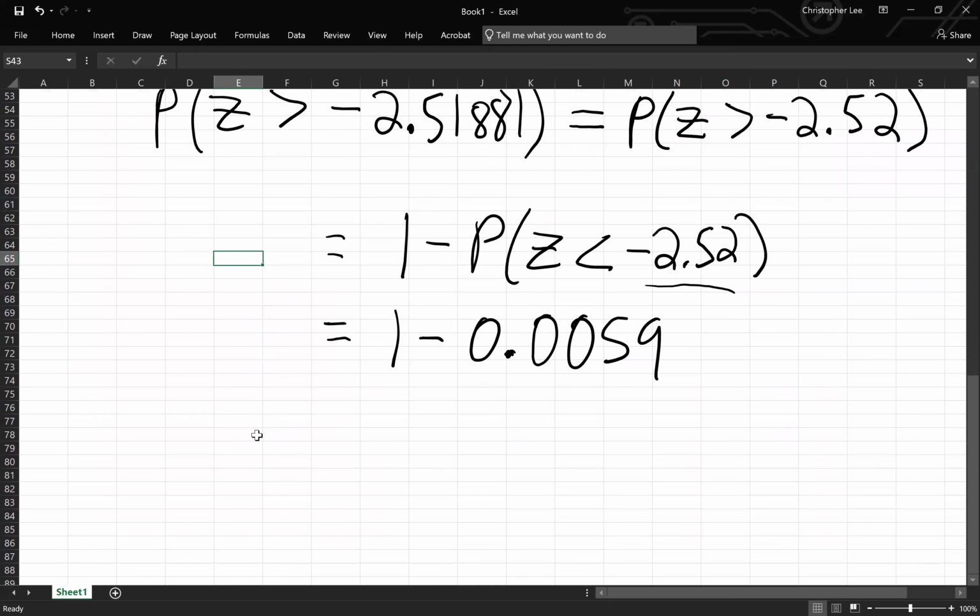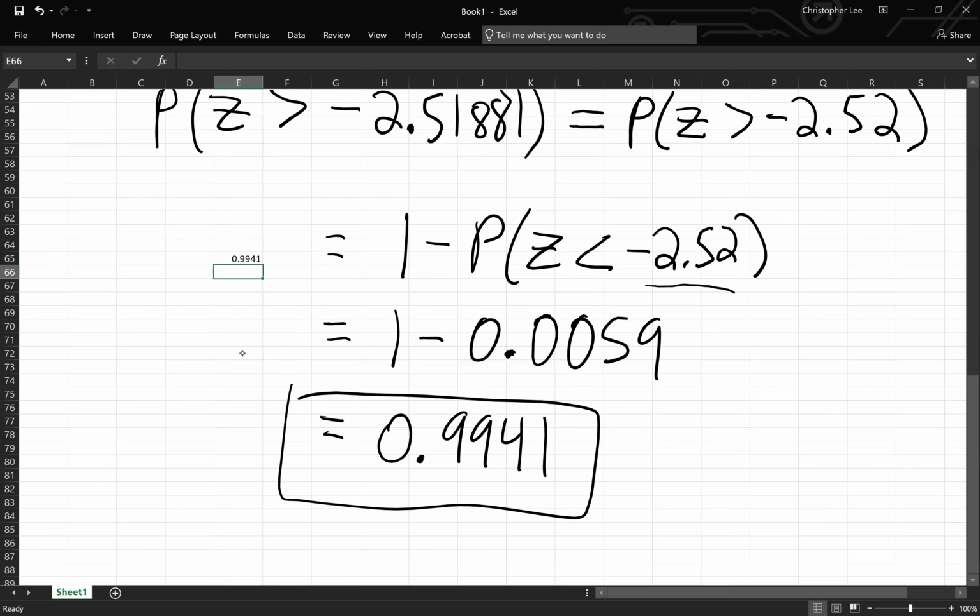But you said to subtract that from 1. Yeah, so 1 minus that. So what did y'all get? 0.9941. Good. So this is the answer to the question. All right, so that's question 1.